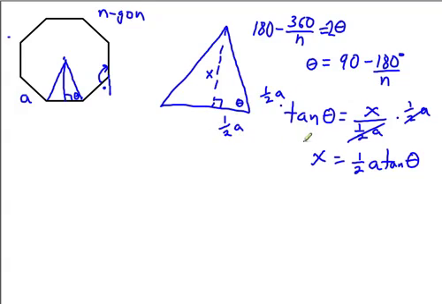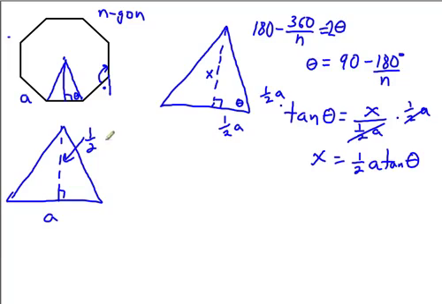So we have the value of x, we have the value of the bottom part of the triangle. Let me just redraw what we have here. So this is A down here, and we know that this side here is half a tan theta. So I can get the area of one triangle. Area of one triangle is half times base times height, which is half times a times half a tan theta.